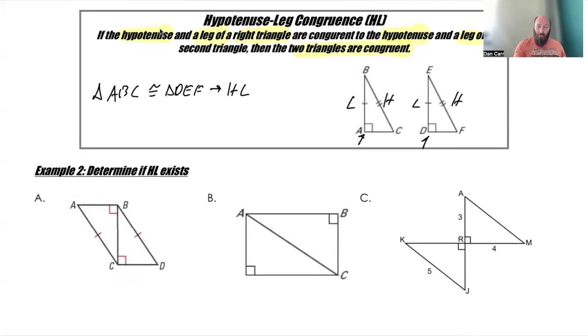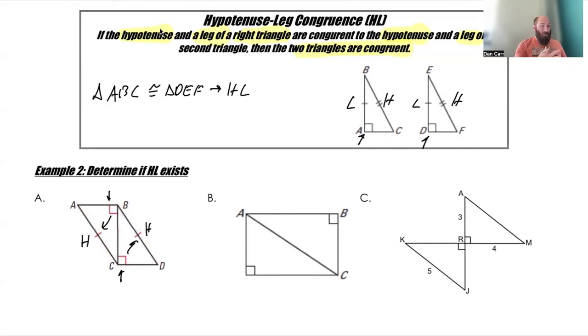When I look at my examples here, the first thing I'm going to look for when testing hypotenuse leg is, do I have right triangles? In this first case, yes, I do, because I have this and this. Since I have a right triangle here and here, now I want to look for, do I have matching hypotenuses and do I have matching legs? I do have matching hypotenuses, that's there and there across the 90 degrees.